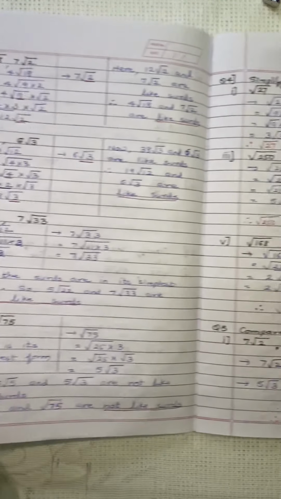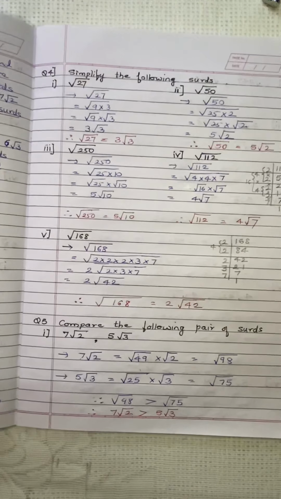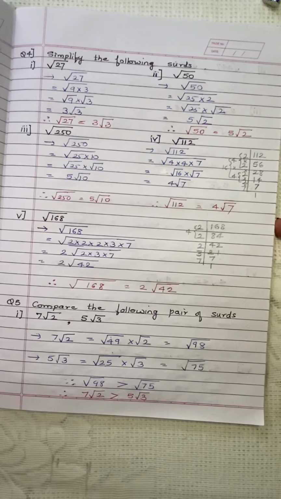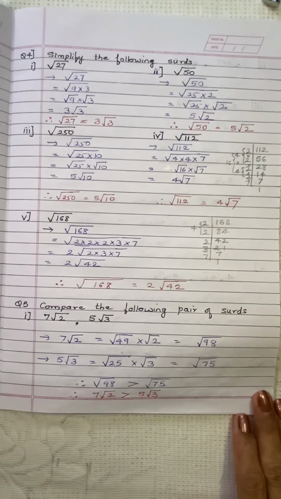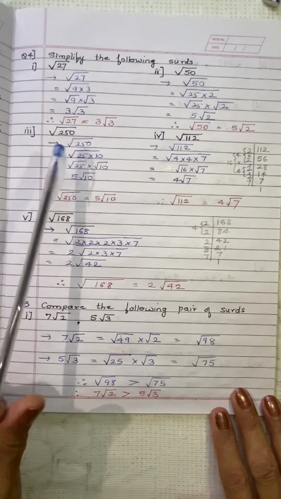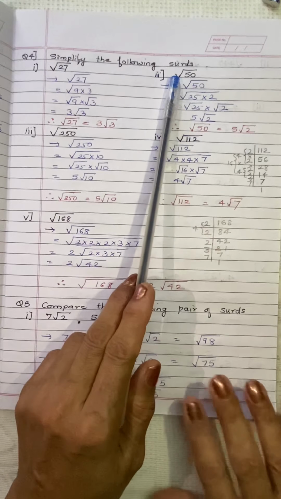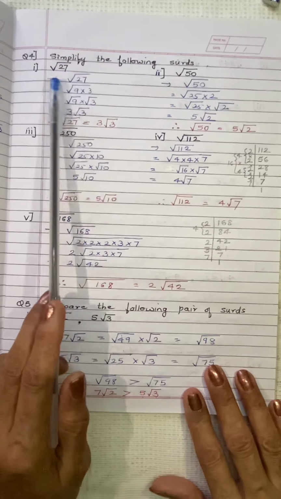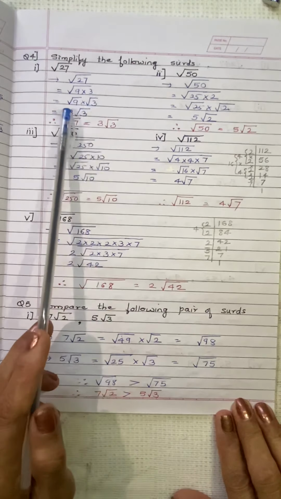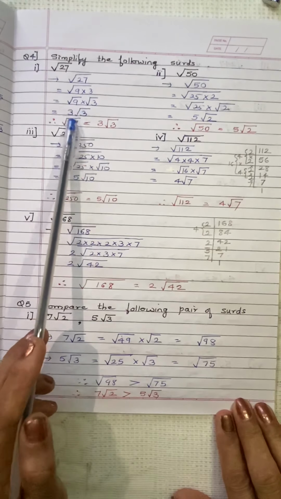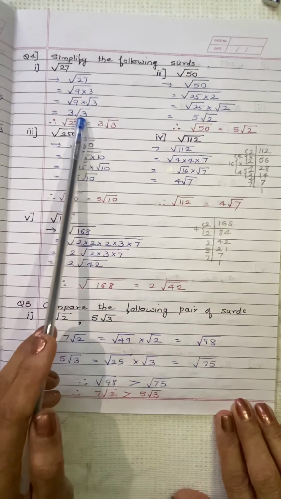Question number 4. Let's come to question number 4. Simplify the following surds. Root 27, we can split this root 27 to 9 into 3, and root 9 is a perfect square, so its value is 3 and root 3.